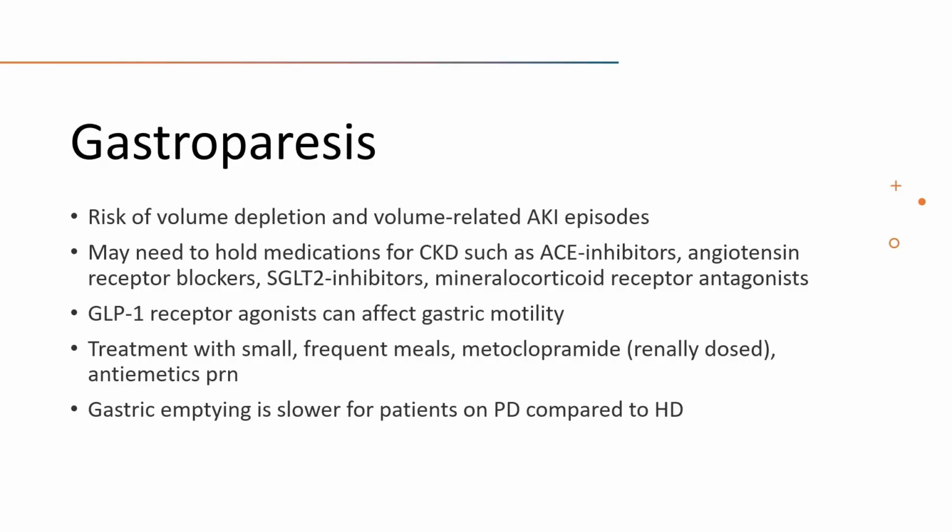So ACE inhibitors, ARBs, SGLT2 inhibitors, finerenone, all of these things may exacerbate an AKI in the setting of volume depletion. And so if you know somebody has these flares, you may need to educate them about when to hold those medications. And depending on the clinical scenario, there may be times where the risk outweighs the benefit for those medicines.